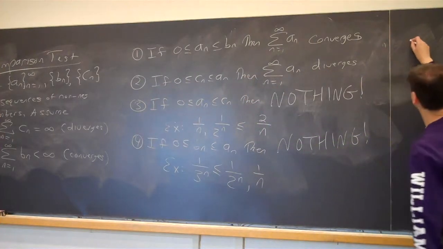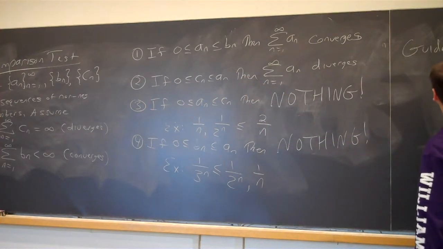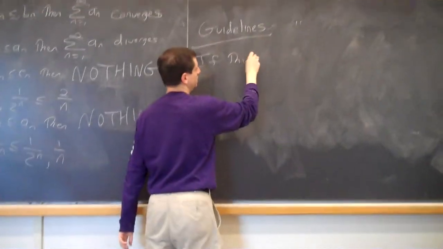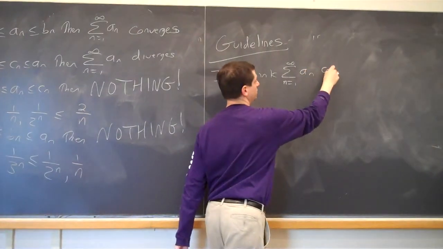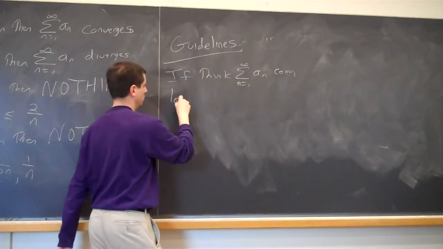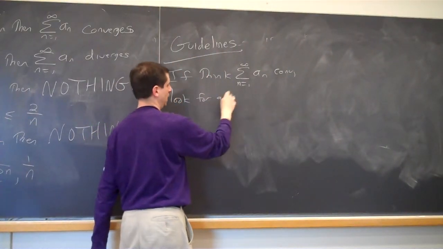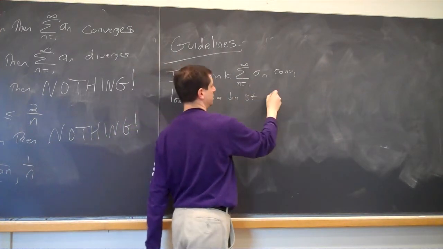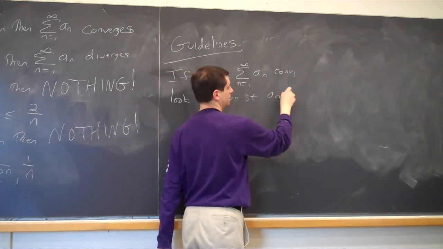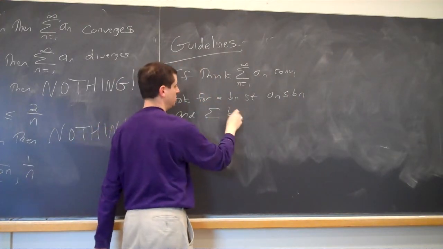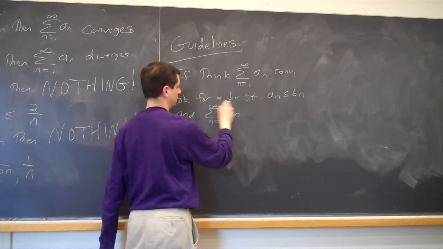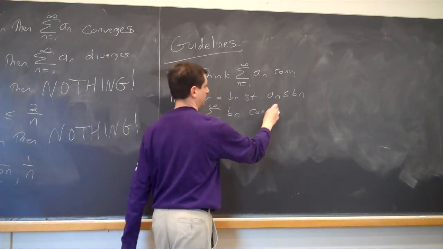So, guidelines. If you think the sum, n goes from 1 to infinity, of An converges, look for a Bn such that An is less than or equal to Bn and the sum of Bn converges.